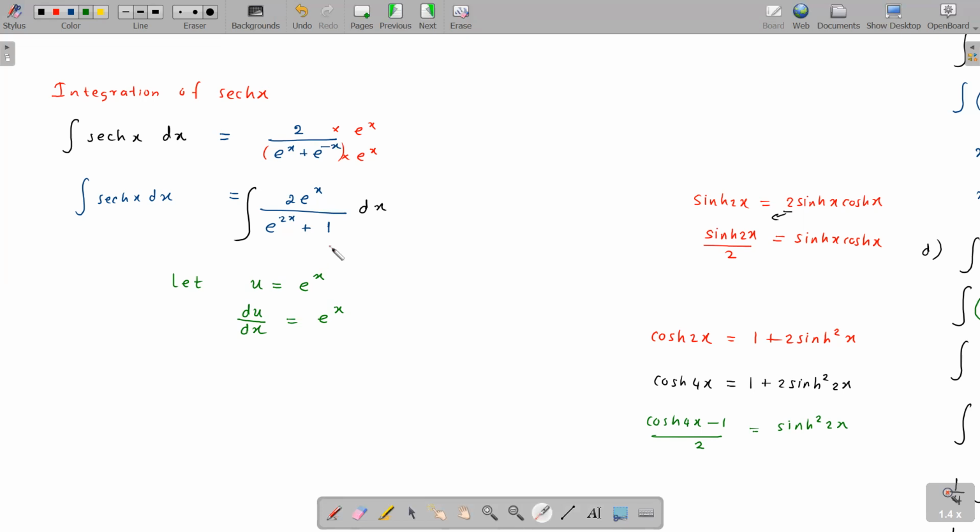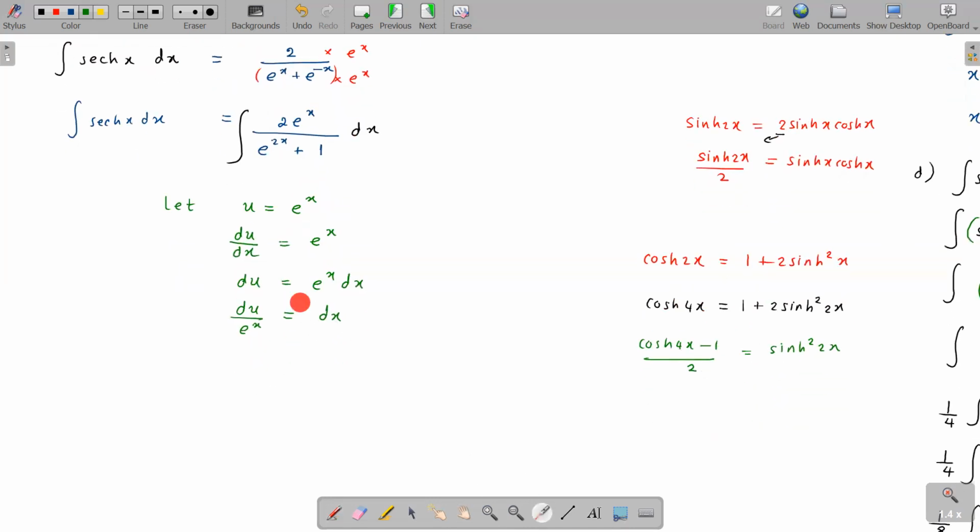When you are doing a substitution, the whole sum needs to be converted and written in terms of u, right? So dx also, let's substitute the value for dx. We get du equal e to the x times dx. Do you agree? So dx equals du over e to the x. This is my substitution for dx.